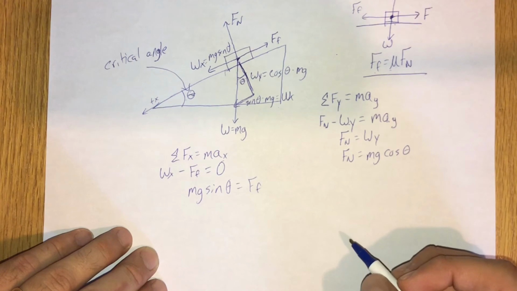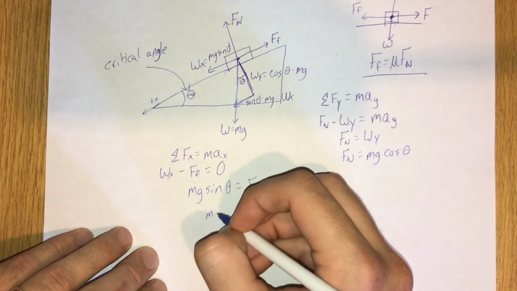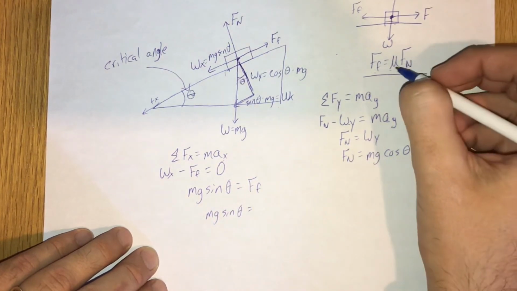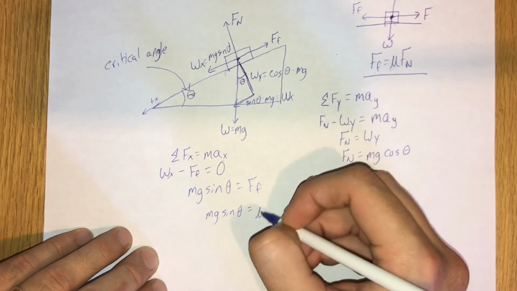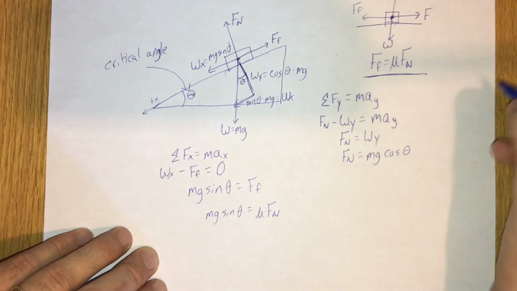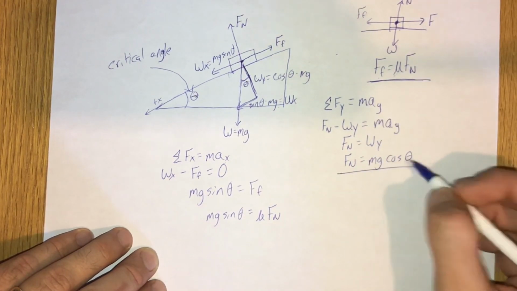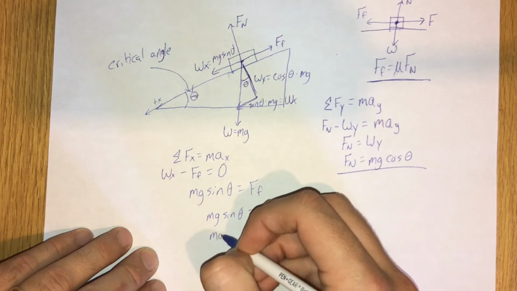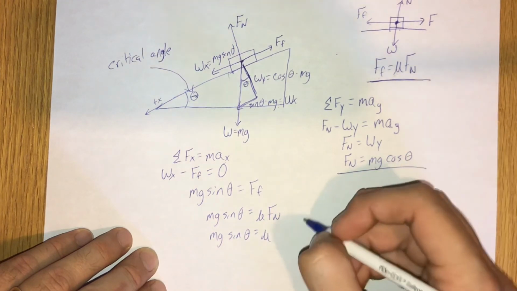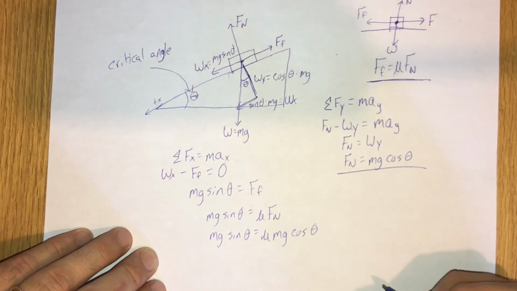And so we can make a substitution here. mg sine theta is equal to the frictional force, but the frictional force is equal to mu times the normal force. And by considering the y direction, we know that the normal force is equal to mg cosine theta. So we can write mg sine theta equals mu times the normal force, which is mg cosine theta.